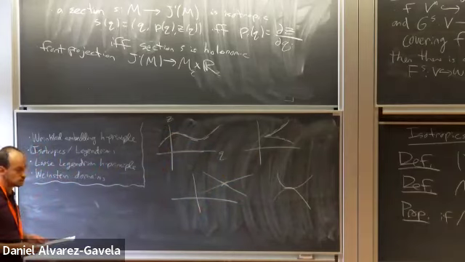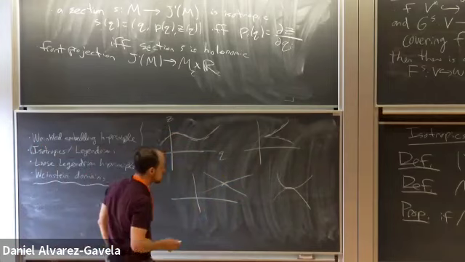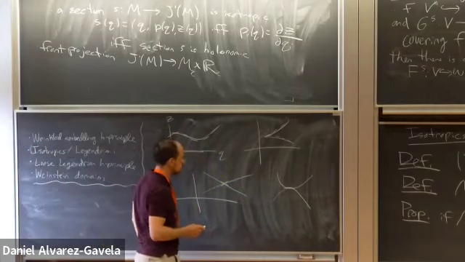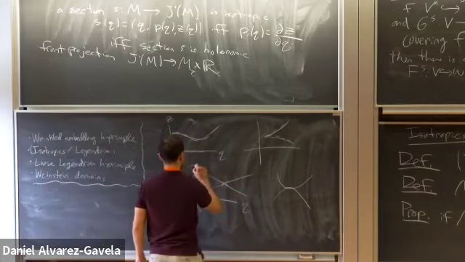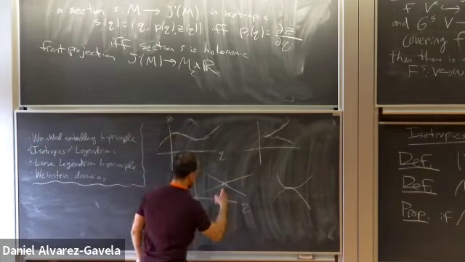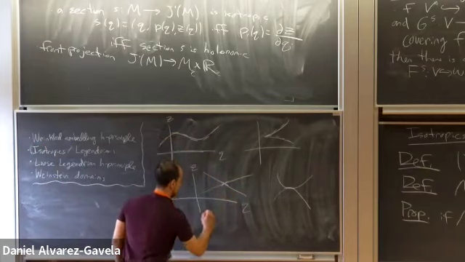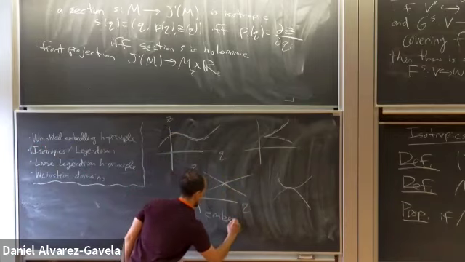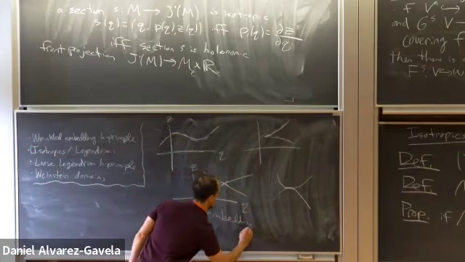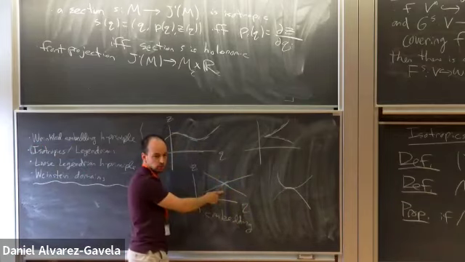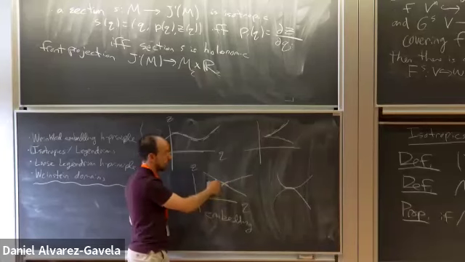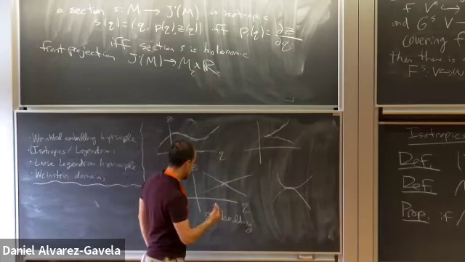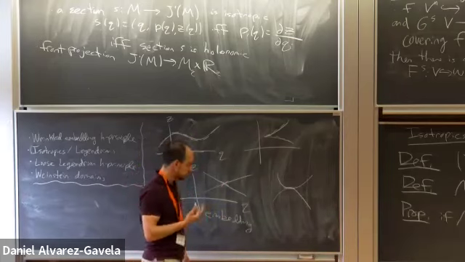Any questions? Could you say again, in those two pictures, what are the variables on the axes? This is q, this is z. Same. And I'm saying that here, this is an embedding, because at this point, the slopes are different. So the p coordinates are actually different, and hence in the one jet space, they correspond to different points.